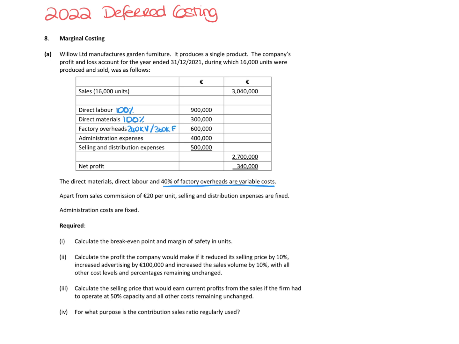All right. Now it says admin expenses is next. That's 100% fixed. And then it says, apart from a sales commission of €20 per unit, selling and distribution expenses are fixed. So €20 per unit multiplied by 16,000 units is 320,000.